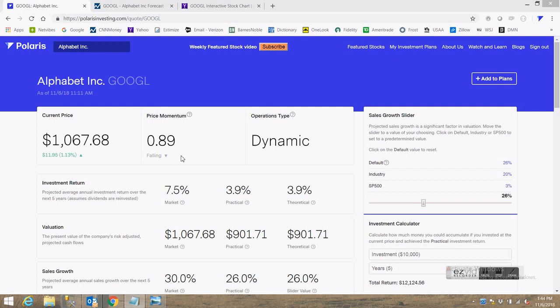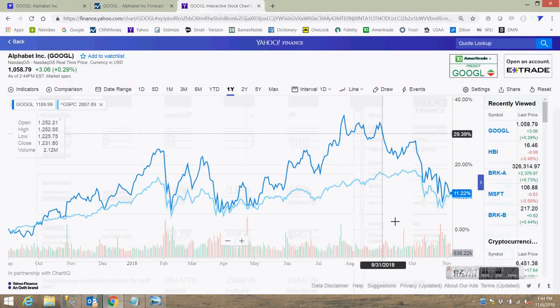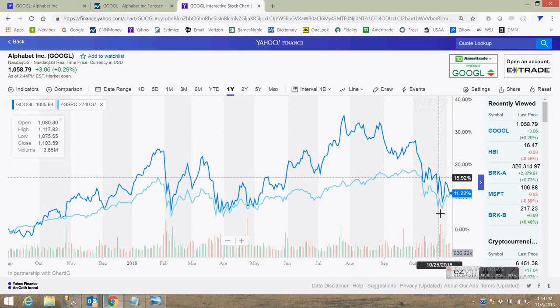Price momentum, you can see here that the stock has gone down relative to the overall market recently. And when we look at more price information, you see here that over the last year the market has gone up, and Google is about even with the market. Both are up about 11% over the last year.